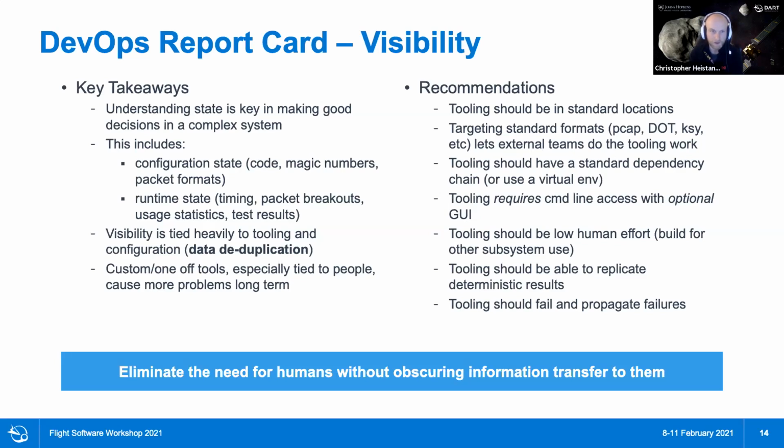Command line is necessary. I claim that a GUI is optional, as long as you are getting the data to the developer correctly and you are able to capture that data in a replicatable sense. This plays really importantly into your pipeline and being able to run through your checkpoint and understand the state of the system and capture that state, not just say, oh, I'm looking at a GUI and things look good right now.